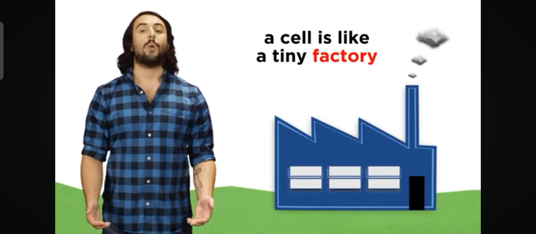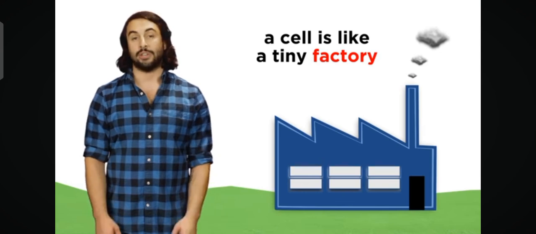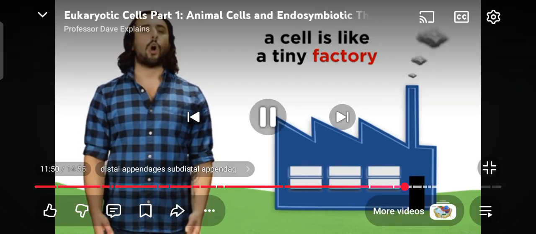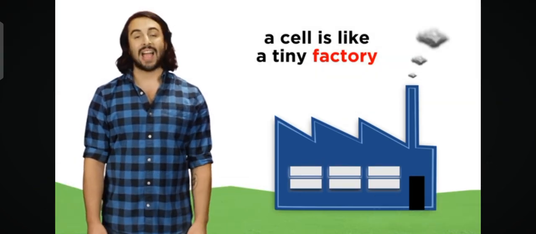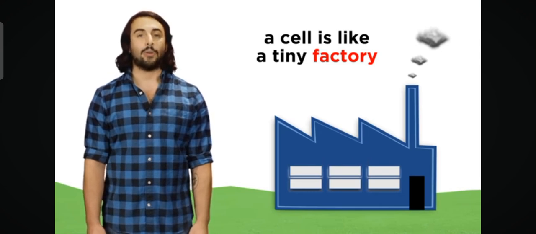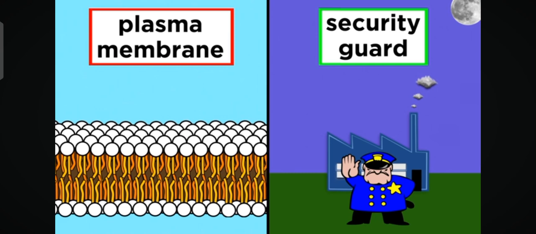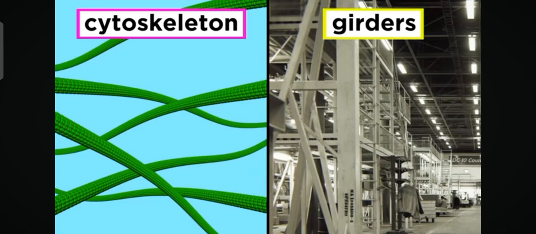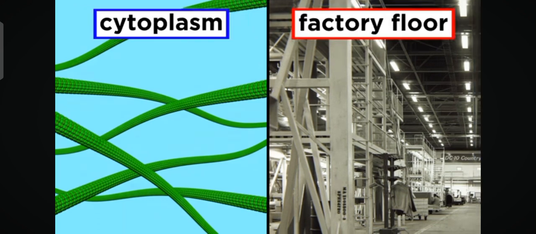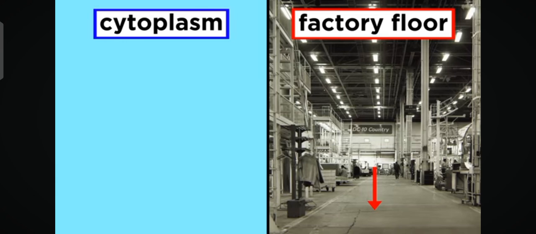Now that we know a bit about the structure and function of each organelle, we can almost view the cell as a tiny factory, with each component serving a specific purpose. The plasma membrane is like the security guard at the gate, deciding what can go in or out. Once inside, we see the cytoskeleton, which is the system of girders that provides structure, and the cytoplasm, which is the factory floor.